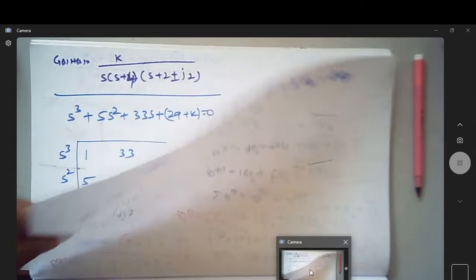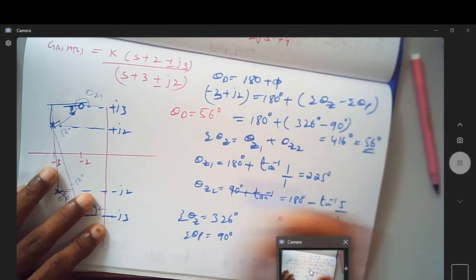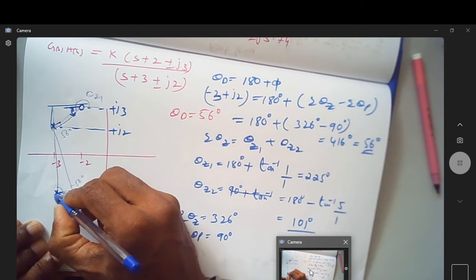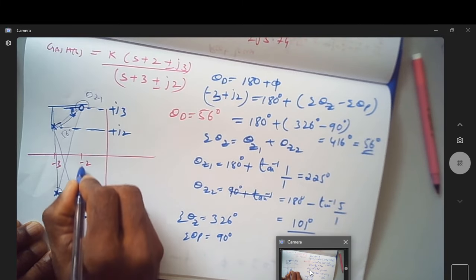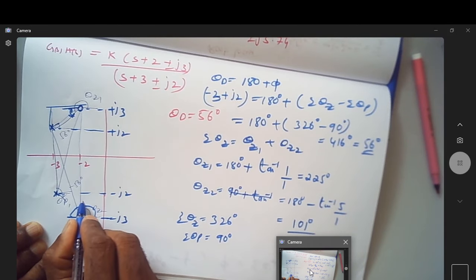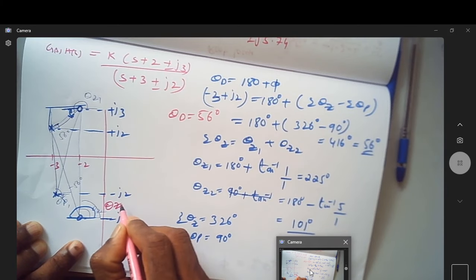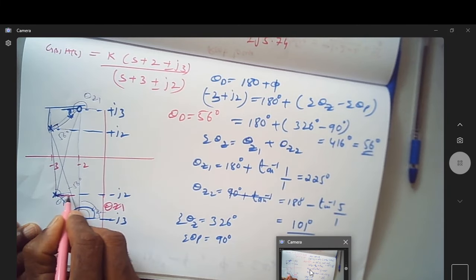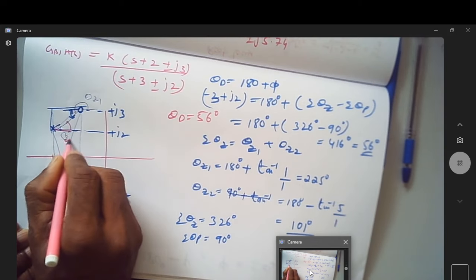Now we need to join these lines: this to this, this to this, and this to this. So let me write this as theta z1, this is theta p1, and this is theta p2.